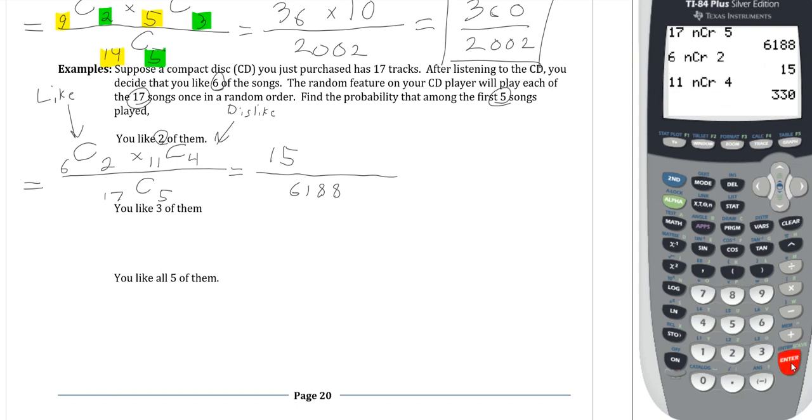Okay, cool. 330. Multiply those appropriately, and we get 15 times 330, which gives us 4,950.